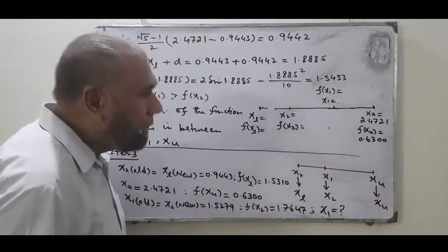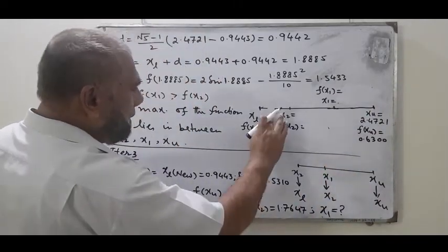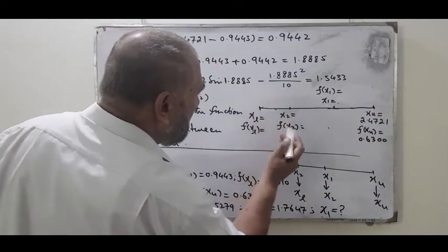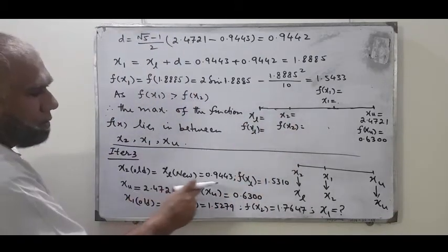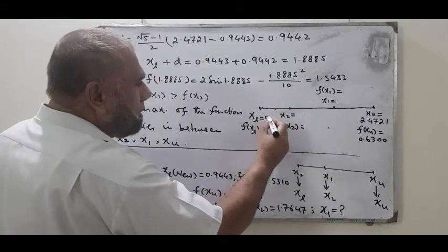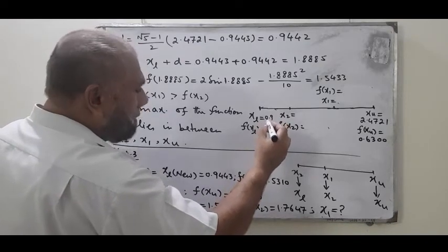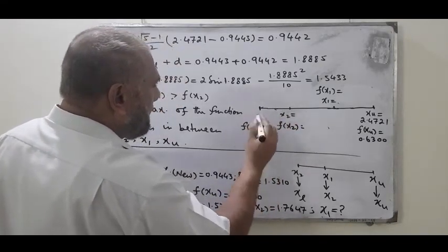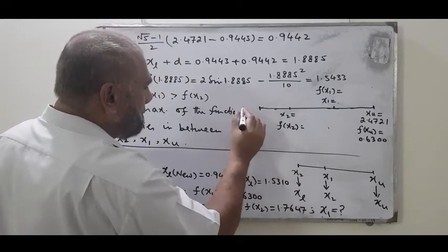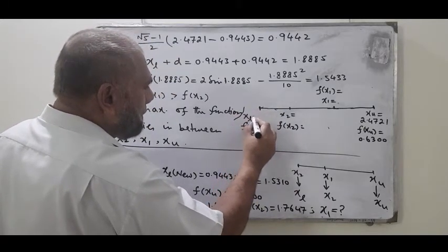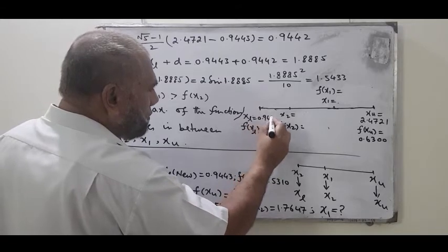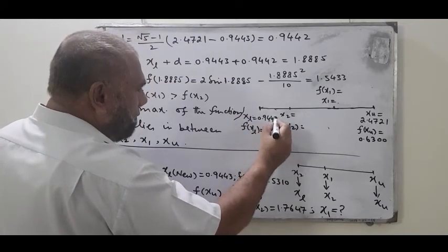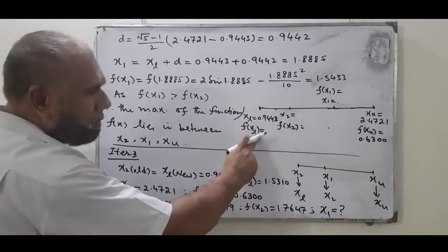Everywhere the value has right hand boundary will also change. I make it change in a second. xl is 0.9443. I have smaller space here. xl is 0.9443, and the function value is whatever it is, you can write down here.